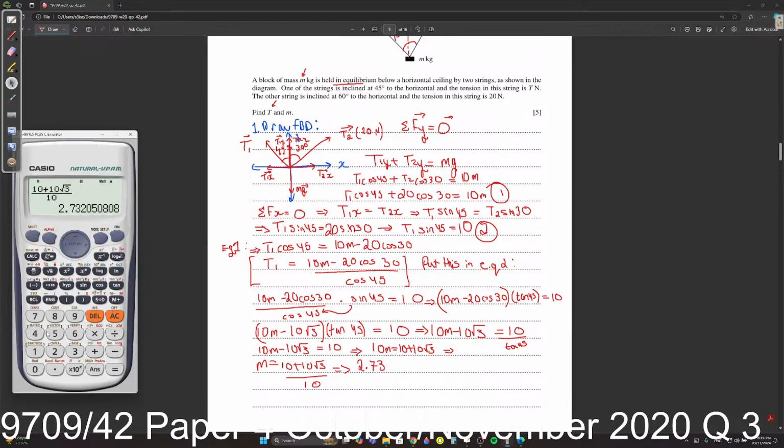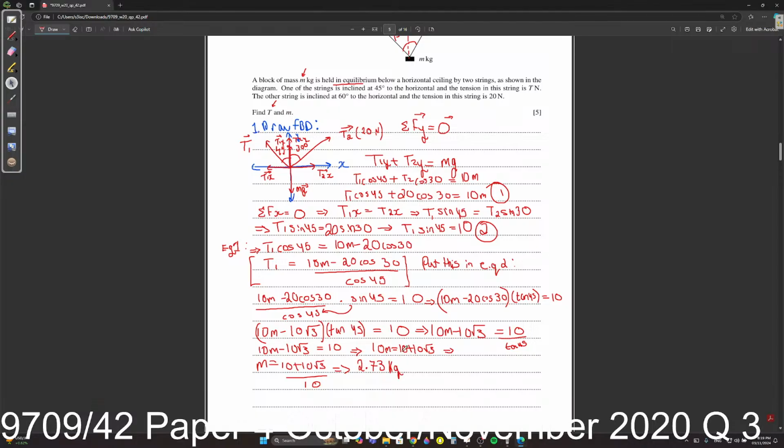T1 sine 45 is 10, divided by sine 45. Oh, I could have just done that. Okay, so m is equal to 2.73 kg. Wow, I could have just found T1 from the start. You get m is equal to 2.73 kg, and then you can just substitute T1 here.